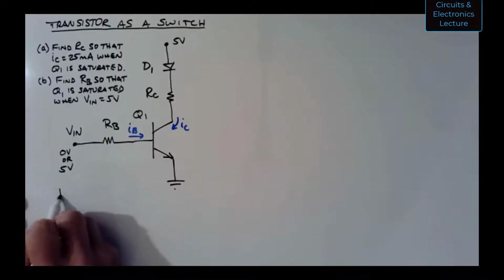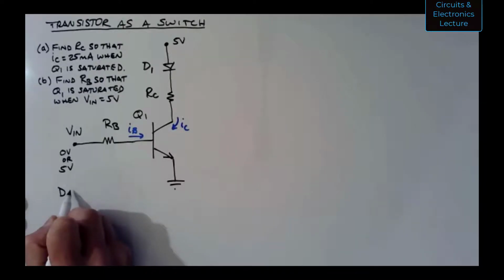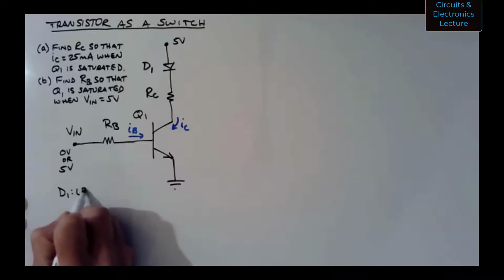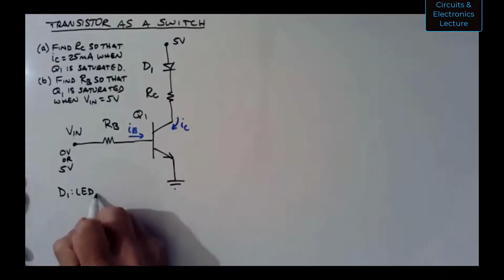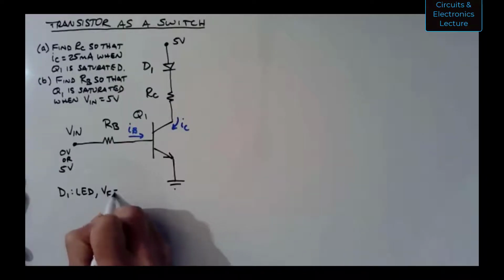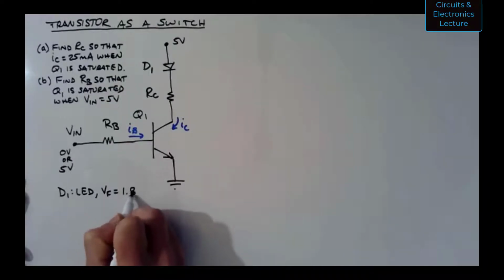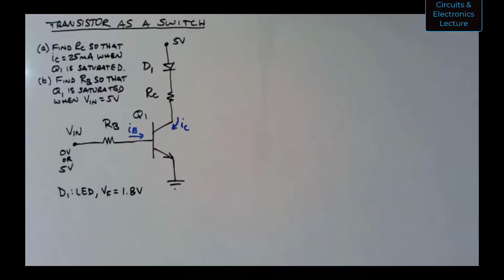Let's talk about that LED. Diode D1 is an LED, light emitting diode, and it has a forward voltage equal to 1.8 volts. So that's not 0.7 volts. That's not just a regular silicon diode. It is a light emitting diode. And depending upon the color of the LED, you'll have different forward voltages.